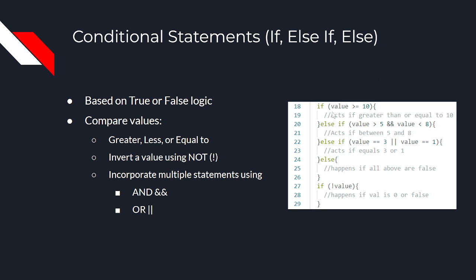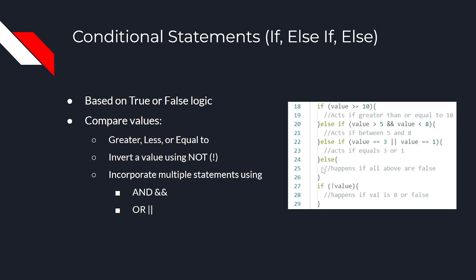Basically, how these if, else if, else statements work is that first the if statement goes, and if that is false, then it'll move down to else if. If that is false, it will move to else. But let's say that if was true, then the else if and else will not occur.